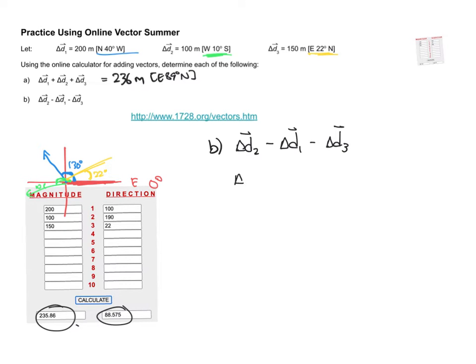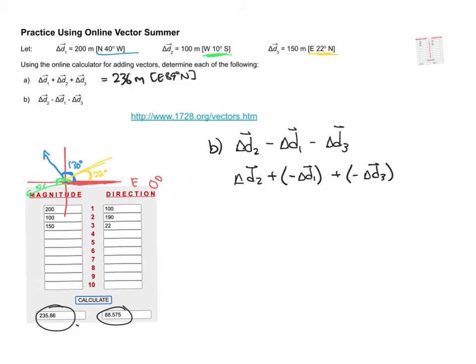So I'll start with displacement 2 as that doesn't change, so that's still 100 at an angle of 190. But minus displacement 1 is going to be adding the negative of displacement 1. And same with minus displacement 3 is going to be the same as adding the negative of displacement 3.